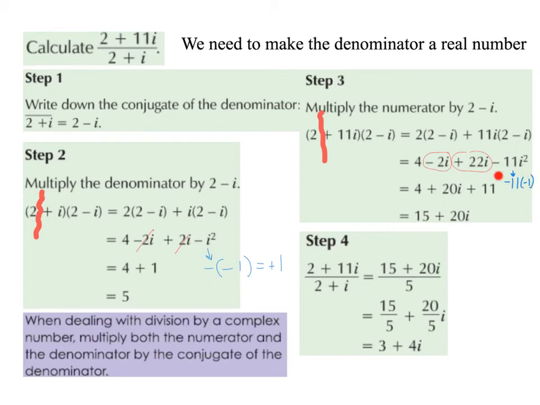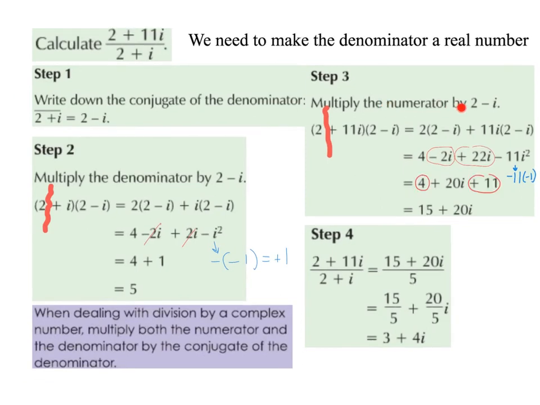So the 4 comes down here, the -2i and the +22i give us +20i, and the -11i² becomes +11. Then we can put the 4 and the 11 together to give us 15 and bring down the +20i. So our new numerator is going to be 15 + 20i.